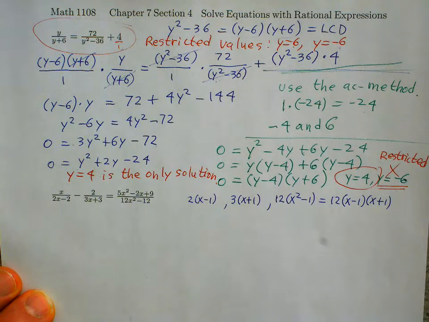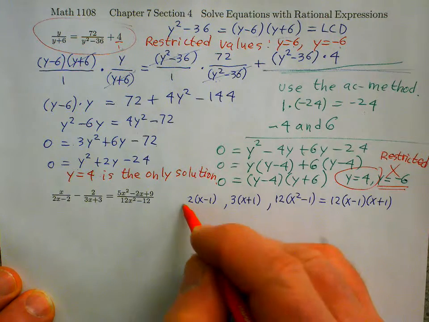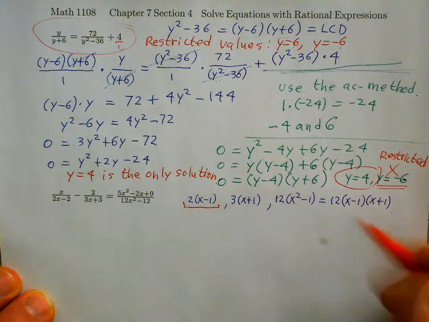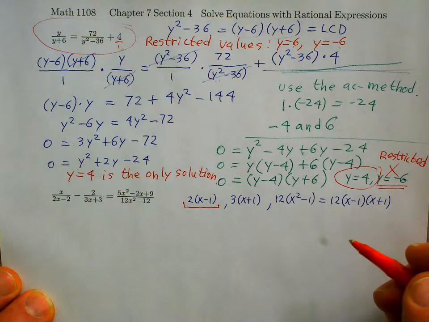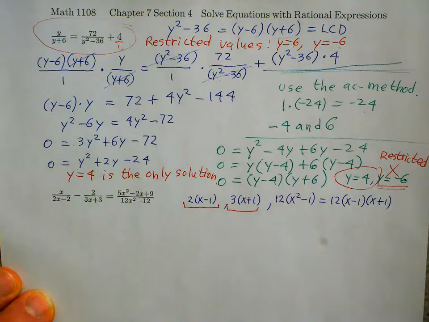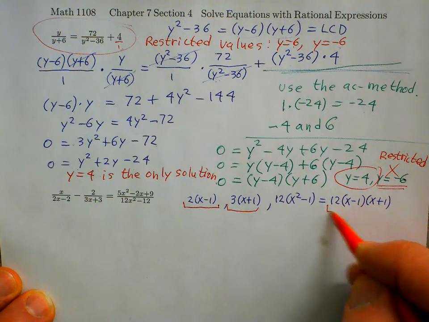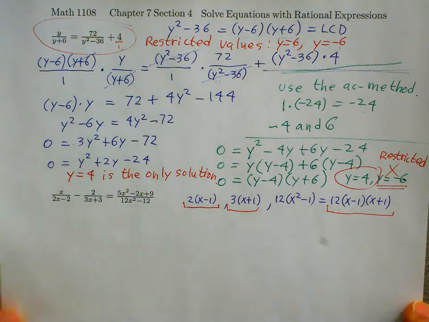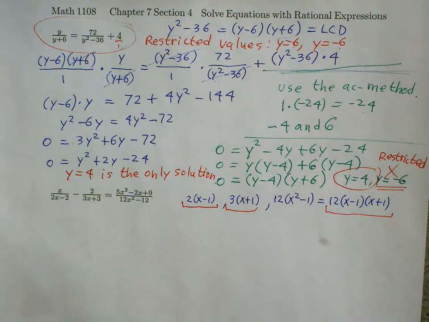Okay, so to find the least common denominator, we'll focus on 2 times the binomial x minus 1, 3 times the binomial x plus 1, and 12 times the binomial x minus 1 times the binomial x plus 1.